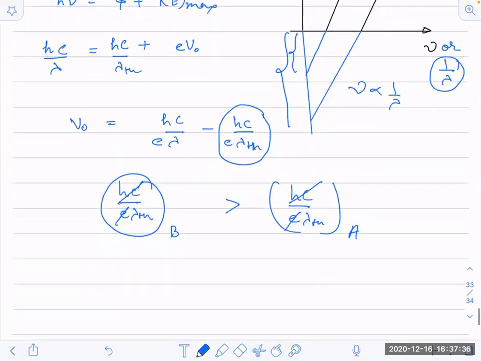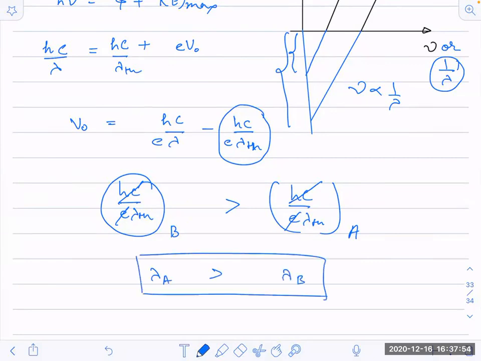Now what you can write here is, take this value and this value, take this here and take this here. So lambda A is greater than lambda B. Which value is greater? I asked for lambda.